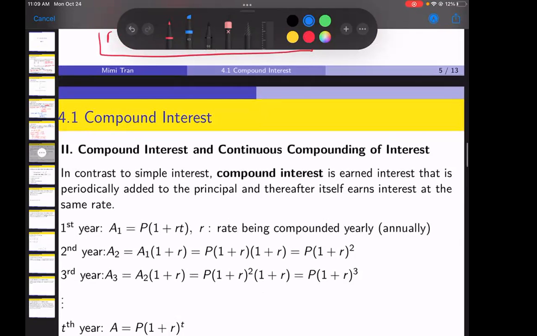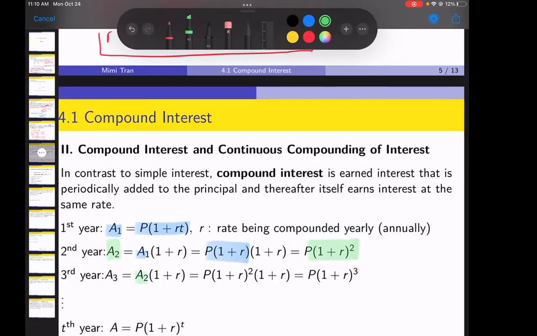So let me highlight some stuff here. This is A1. And what A2 does is you put A1 for the principal and multiply with the formula. A1 is this: 1 plus R. Times 1 plus R is 1 plus R squared. So that will be my A2. I'll do it in blue, green. So that's my A2, right? A3 is what?